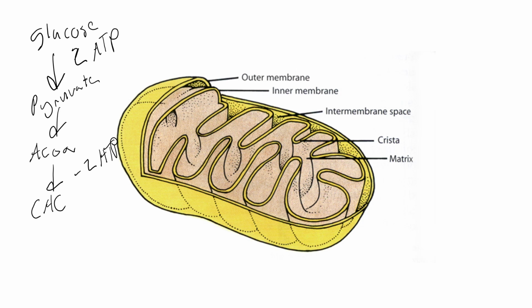So far up to this point, we've gained a total of 4 ATP molecules, and that's it from breaking down this glucose molecule. So there's got to be a lot more ATP that comes from the breakdown of this glucose molecule rather than just 4.